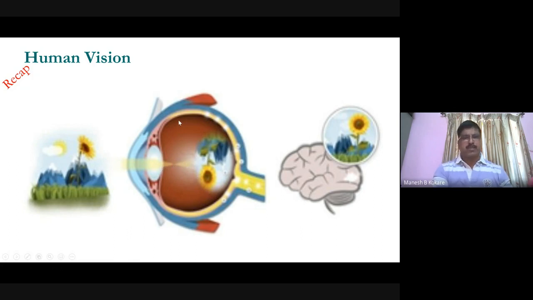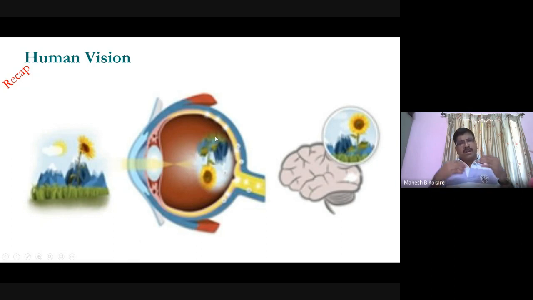The retina is this part, and an inverted image is obtained on the retina. This information is then sent to the brain, and the brain interprets the image in this way. This is the way the human vision system works.